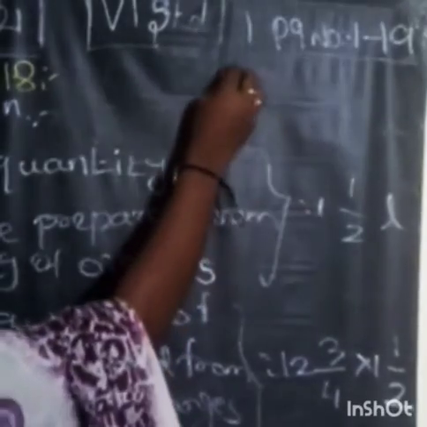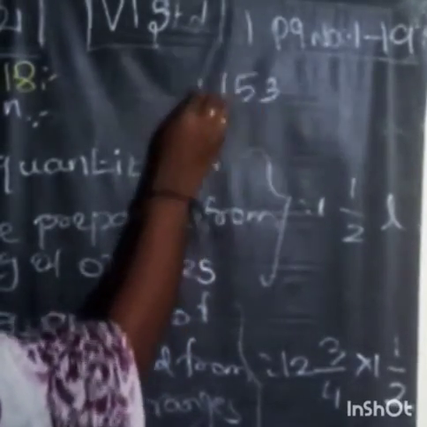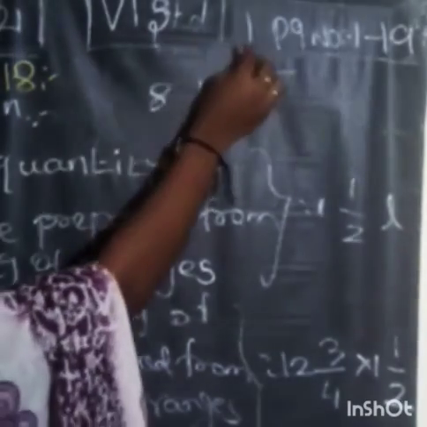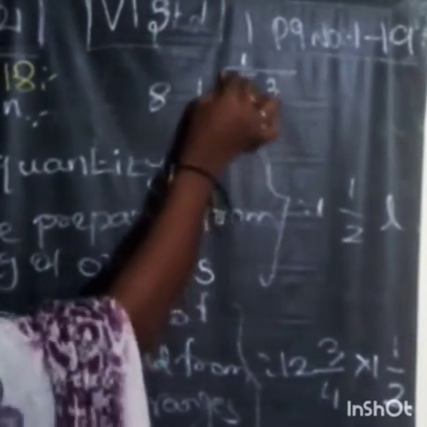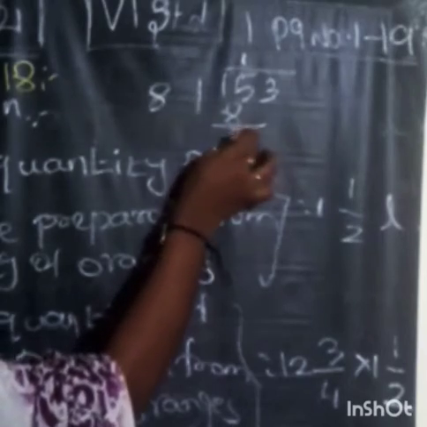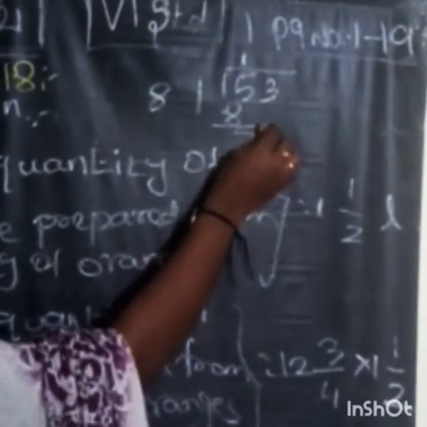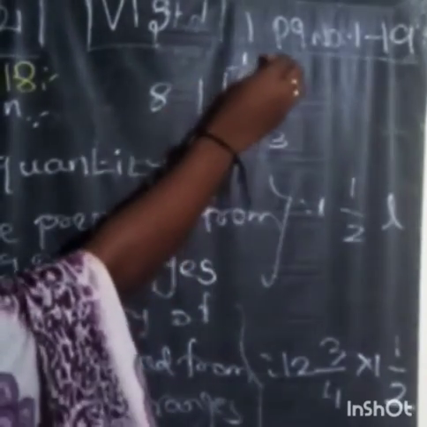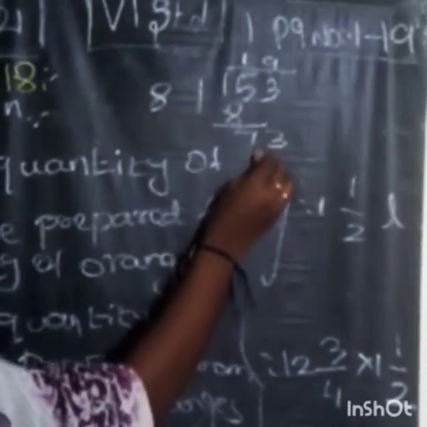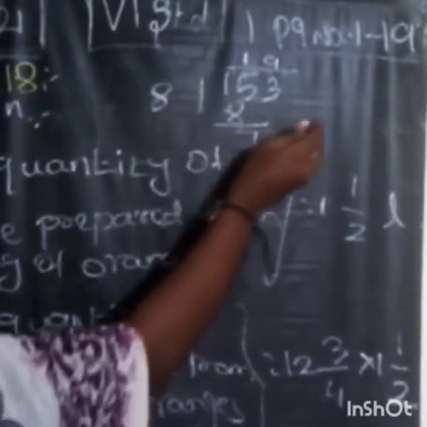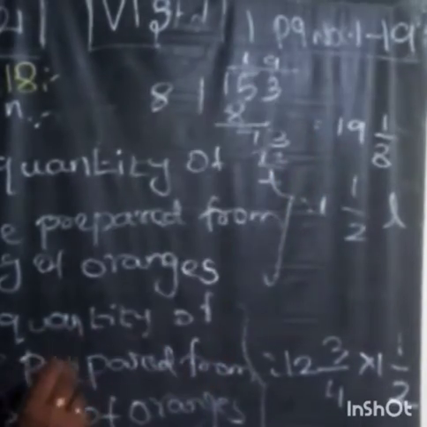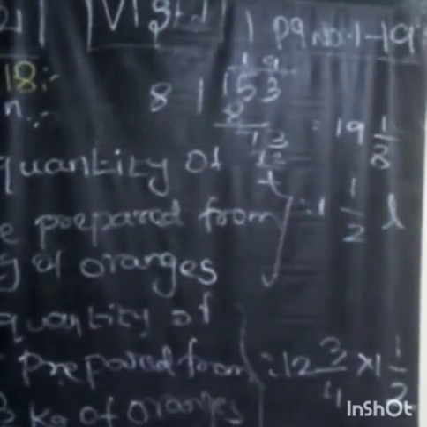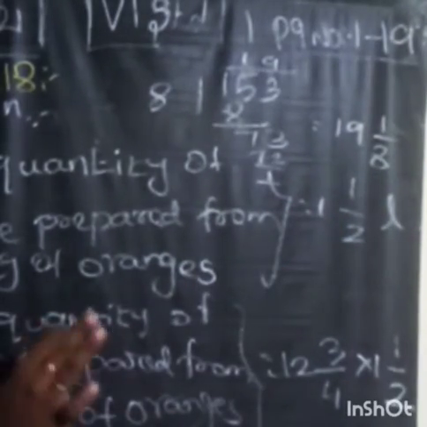So 153 divided by 8. 1 eight is 8, remaining 7, bring down 3 to make 73. 9 eights are 72, remaining 1. So the answer is 19 1/8: quotient, then remainder divided by the divisor.